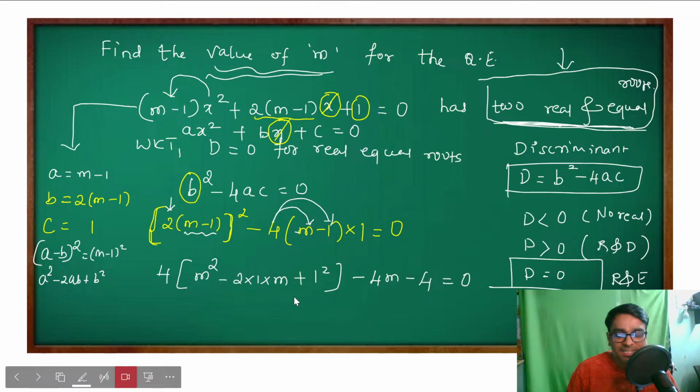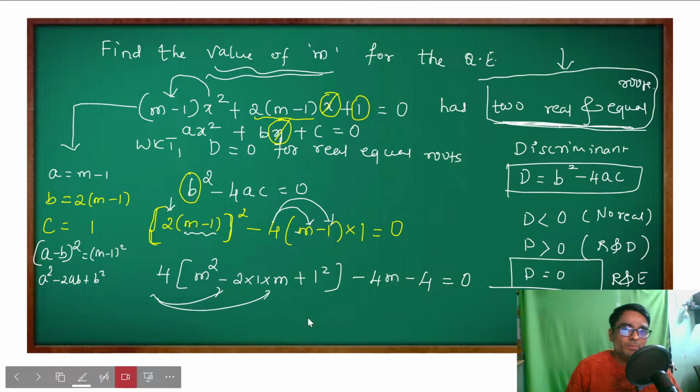Following till here, is it clear? Yes. Okay. Now this is the normal way how you people will do, right? Once you see the m minus 1, you will expand and do this, then again you will multiply the 4 inside.